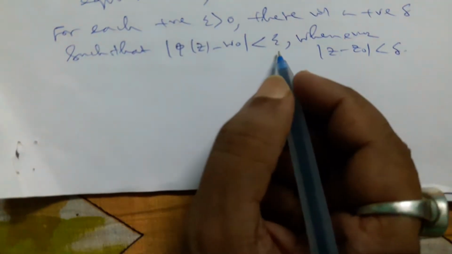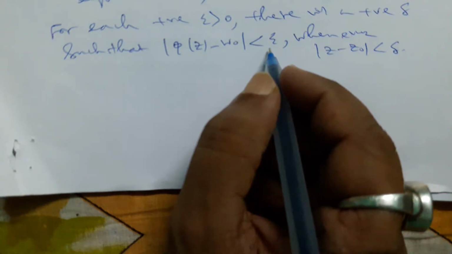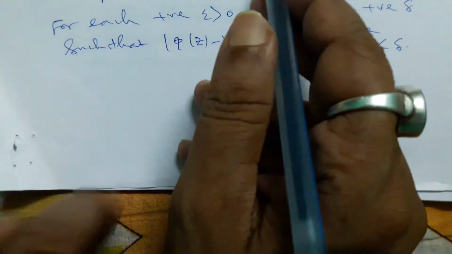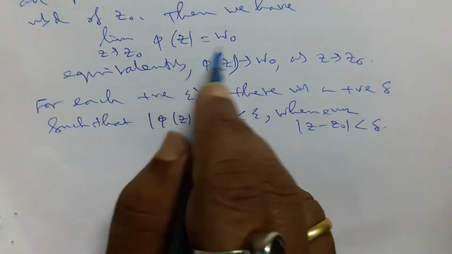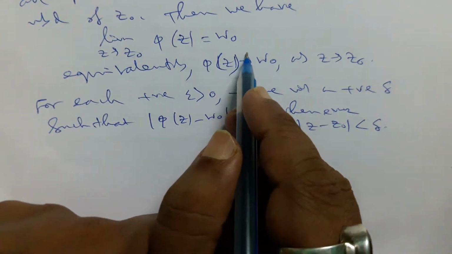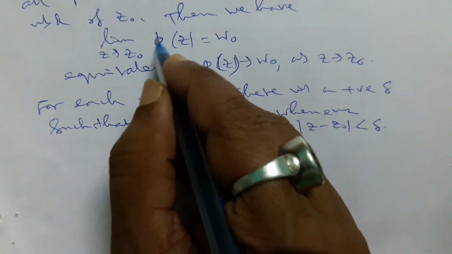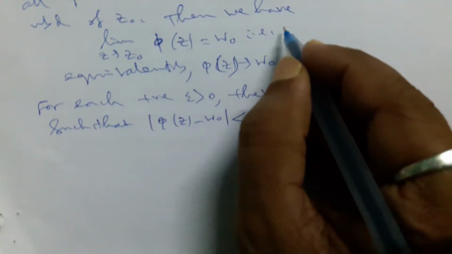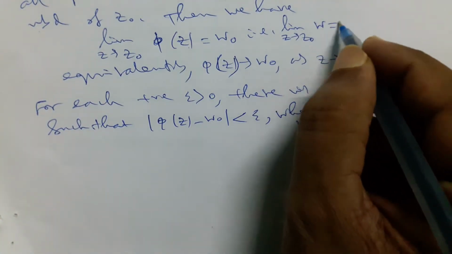This is the analytical definition, and this definition is the same as we consider in real analysis. Here also, if we consider phi z as W, writing as in the earlier situations, that is, the value of phi at z is W, then the limit as z tends to Z0 of W will be W0.